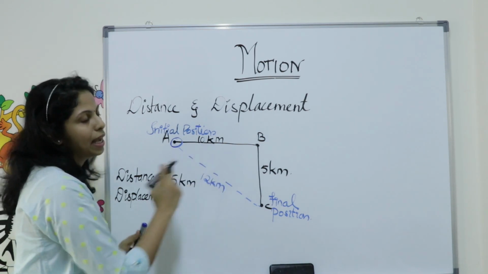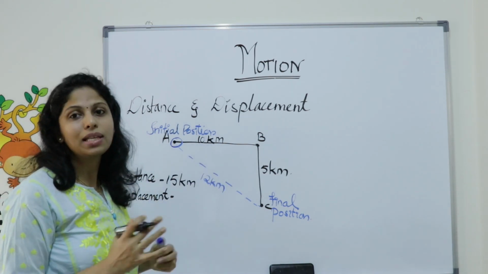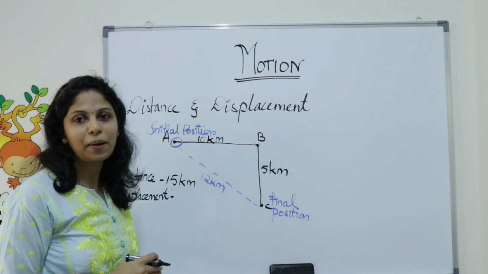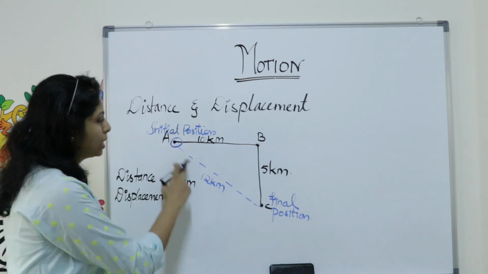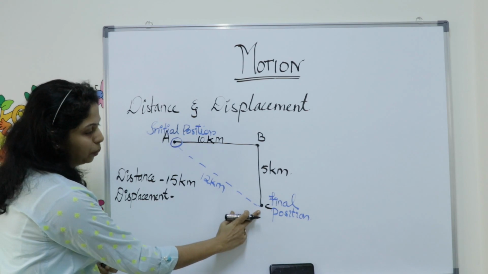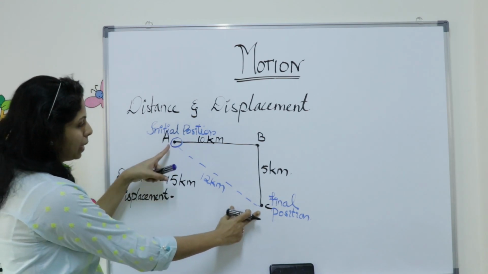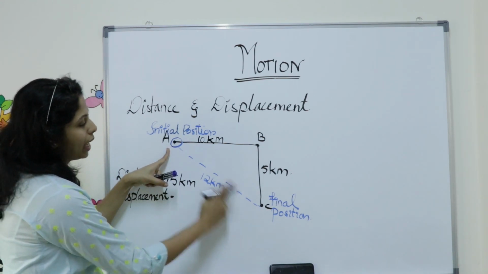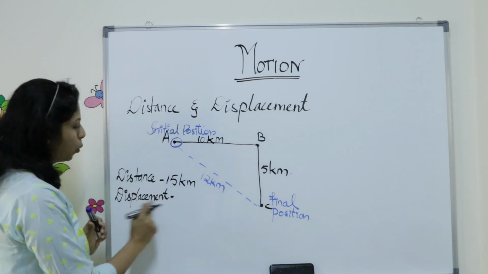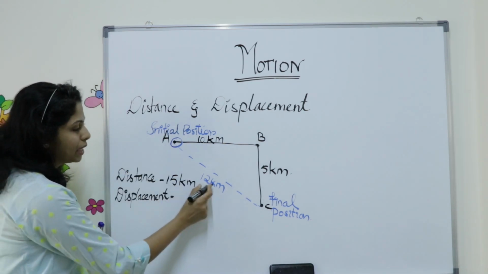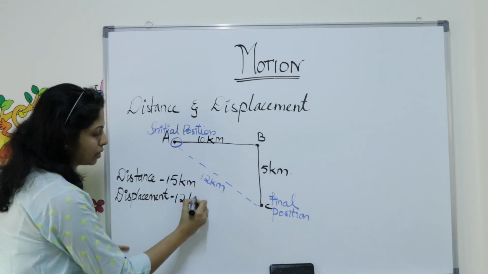Now, in this example, which is the shortest distance between A and C? Yes, it is from point A to point C, from initial position to the final position, and it is the shortest distance. So what is the value of displacement? It is 12 kilometers.